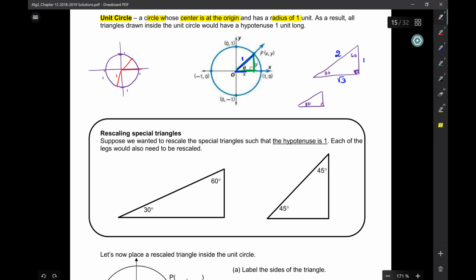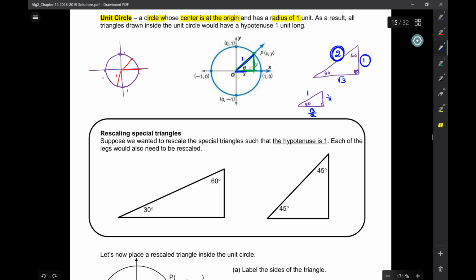If the hypotenuse was a 2, if I do it in Photoshop, it's by ratios, right? What do I have to do to the 2 to get it to be a 1? Divide by 2, so this will become a 1, right? But now, if you do this in Photoshop, everything will be scaled down proportionally. So if I divided this by 2, how much am I going to divide this by? 2. So what'll it be? 1/2.